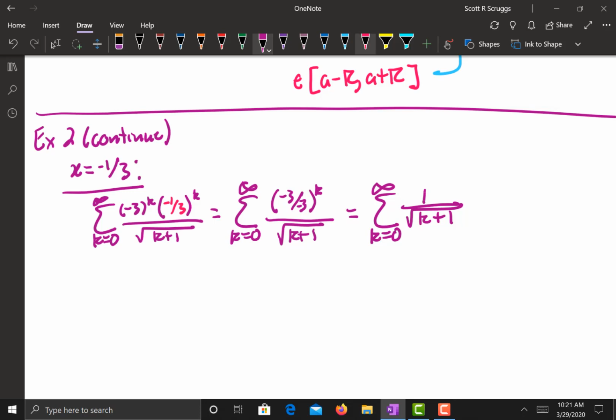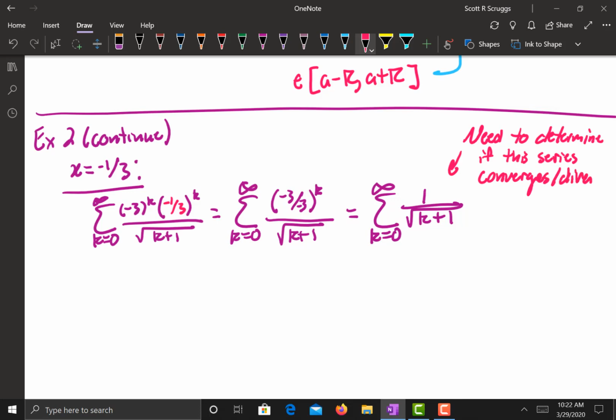And now, because I simplified down, I need to determine if this series converges or diverges.